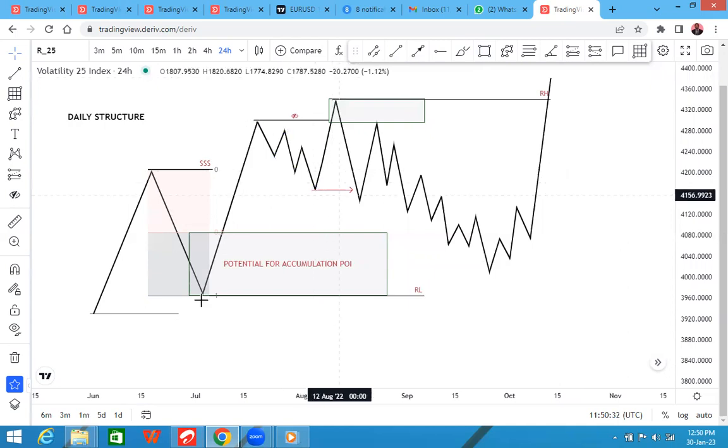It didn't break the main structural point. This was just a structural point between the structural points, structure within the range. Range high, range low. This was a structure within the range. So we play the structure within the range because of our knowledge of smart money.